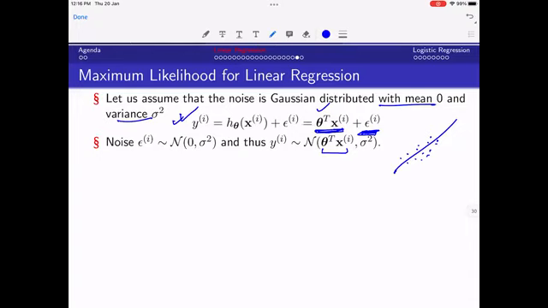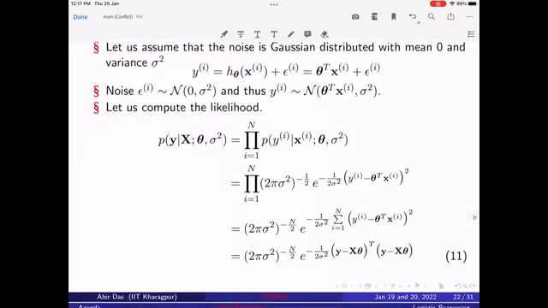But here we are assuming zero mean Gaussian noise with sigma square as the variance, and the variance of the sum equals the variance of the Gaussian. So this is the distribution of y, and you can write it as a Gaussian distribution. So let us compute the likelihood of y.